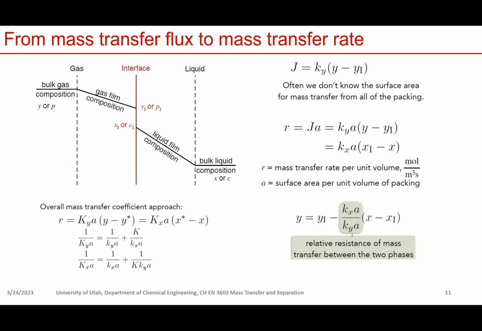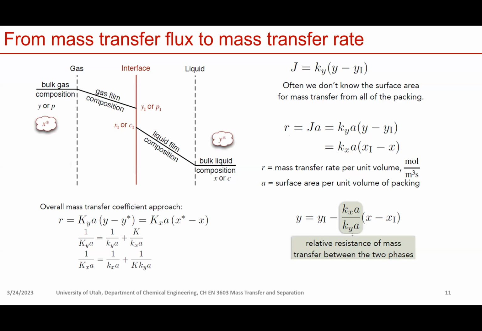And we can also further simplify this by using the overall mass transfer approach. So in this way, we can write down R, the mass transfer rate, to be a function of the overall mass transfer coefficient multiplied by a, multiplied by the overall driving force. That's y* minus y_A, right? So when we write down the equation in this formula, we're using the gas phase composition as a driving force, right?